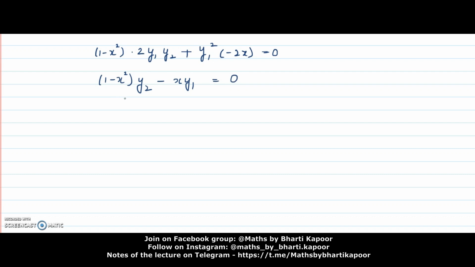For finding next order derivatives, we need to use Leibniz theorem because here we have a product of two functions. And using Leibniz theorem, we can find the nth order derivative of a product of two functions.